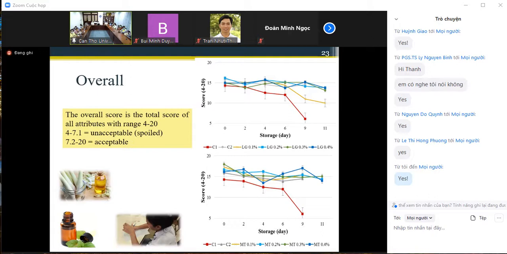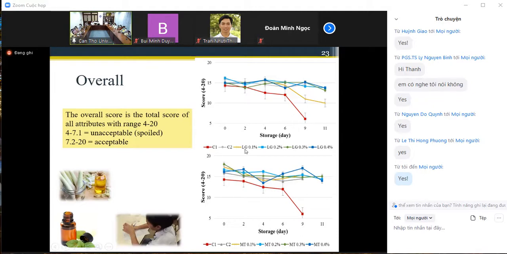And for the texture, because of the antimicrobial compound, it kills the microorganisms that can induce softening in the texture. And also, the STPP increases the water retainability in the fillet, which makes the texture of the fish juicy and better.